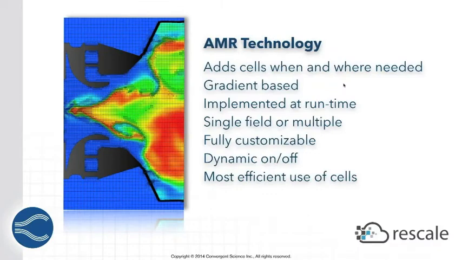So for those of you not familiar with adaptive mesh refinement, this is an approach that adds cells when and where they're needed at runtime based upon user-defined parameters or gradients. The user can specify one or more gradients to refine against and then specify how many levels of refinement they'd like to have. Along with this, you can also specify an AMR budget, right? And that budget limits the total cell count of any run to whatever your discretion is.